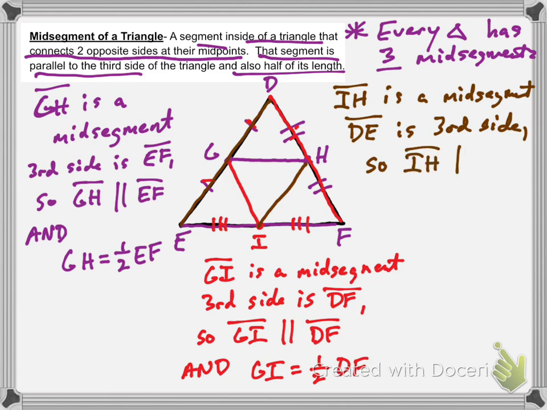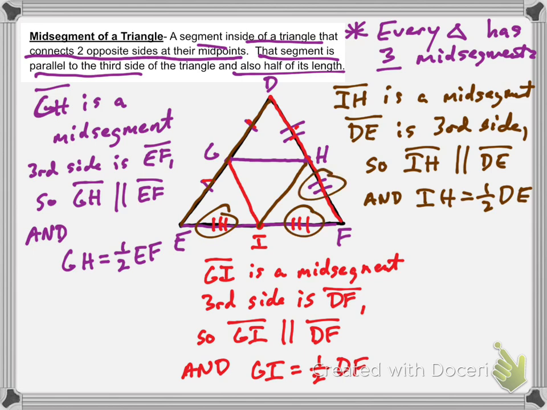IH is parallel to DE, and the length of IH is half the length of DE. So every triangle has 3 midsegments. They can occur anywhere inside the triangle as long as they connect the midpoints. And you need to have these marks. If you don't have those marks, you don't have a midpoint, which means you don't have a midsegment.